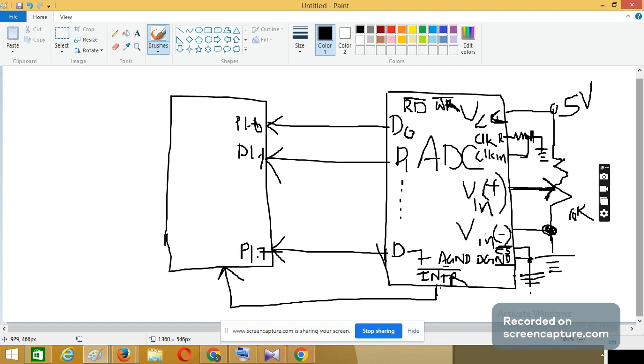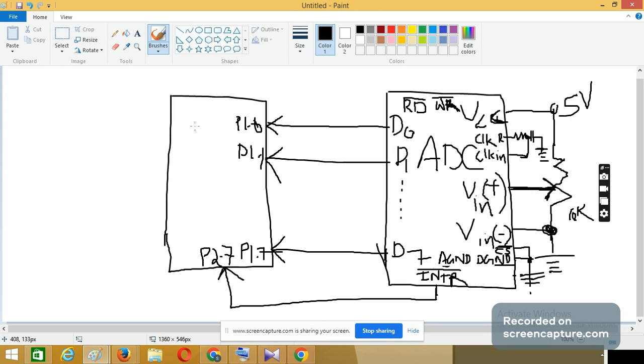Similarly, after the conversion is over, ADC is informing the microcontroller, so I will use some port bit, P2.7. P2.7 is the input port bit for the microcontroller, and it gets the signal from INTR bar of ADC. Now these two are control signals to start the conversion and to give information that I want to read it.